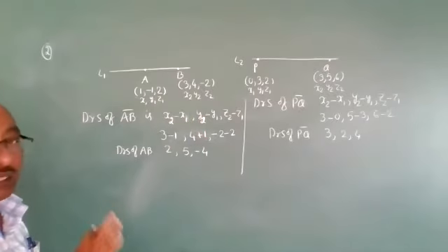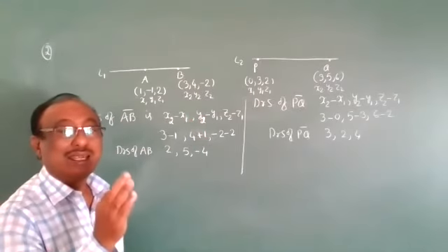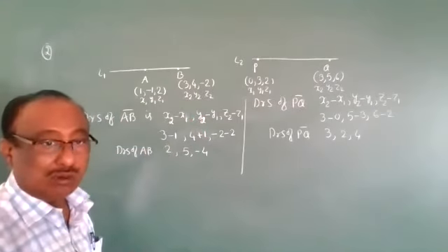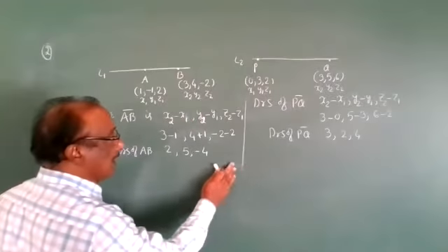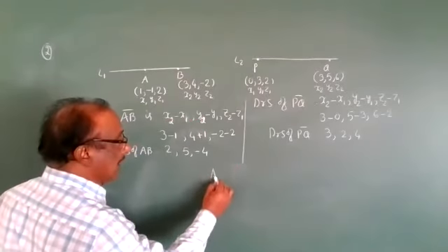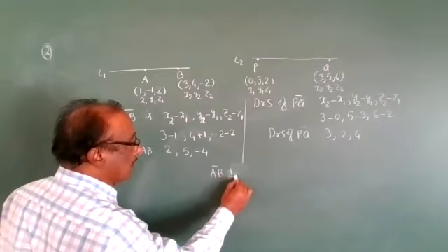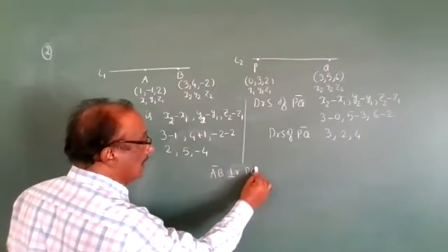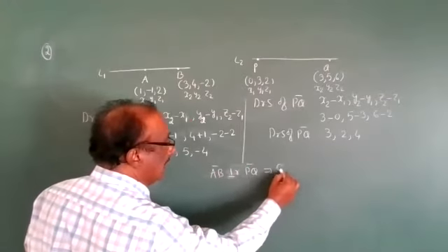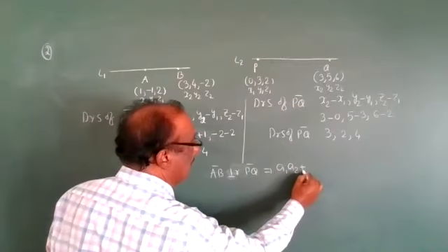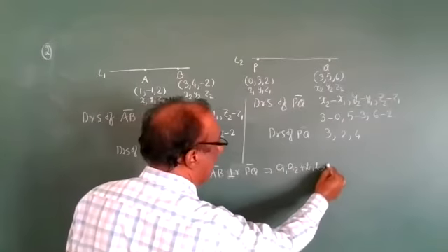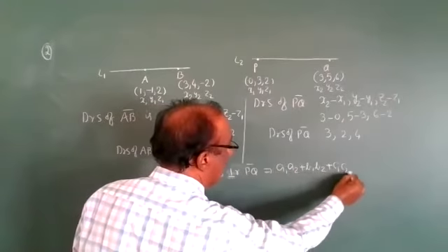If the two lines are perpendicular, the product of the DRs is equal to 0. Therefore, to prove that AB bar is perpendicular to PQ bar, we have to prove that A1 A2 plus B1 B2 plus C1 C2 is equal to 0.